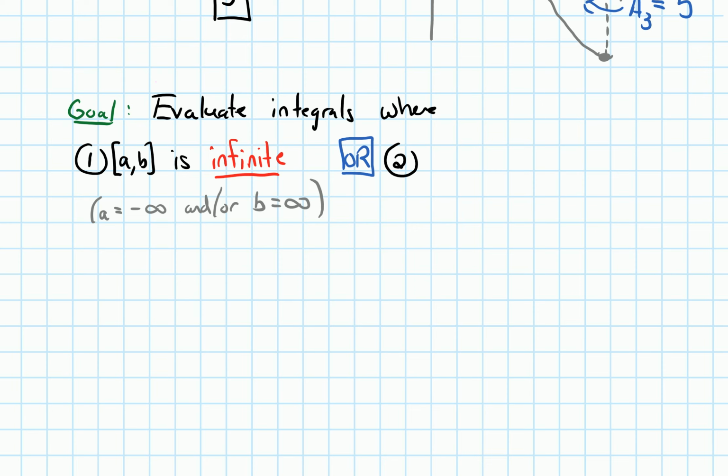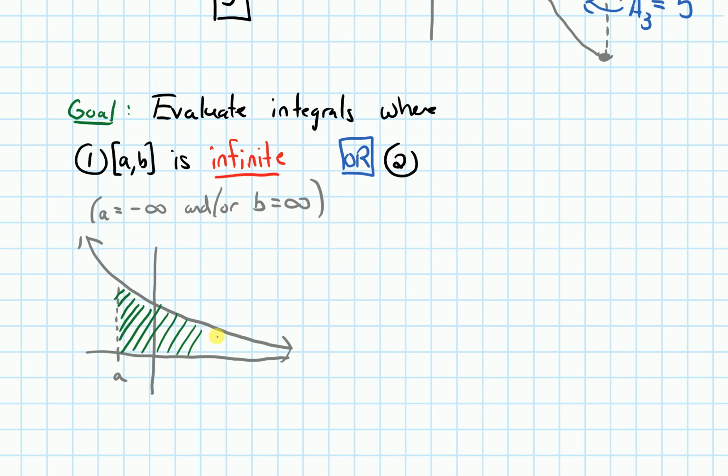Let me draw a picture of one such situation. Let's say I have my axes, and let's say this is a, and my curve looks something like this. If I had the definite integral from a extending all the way to positive infinity at the right end, the definite integral would correspond to this area, the area of this infinitely long region, because this is an infinitely long interval.